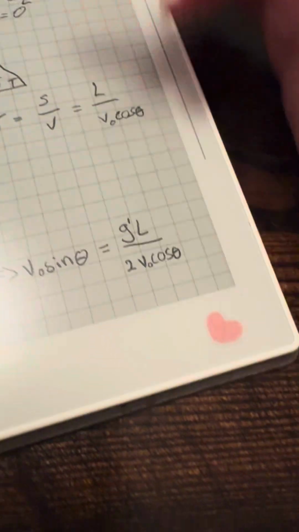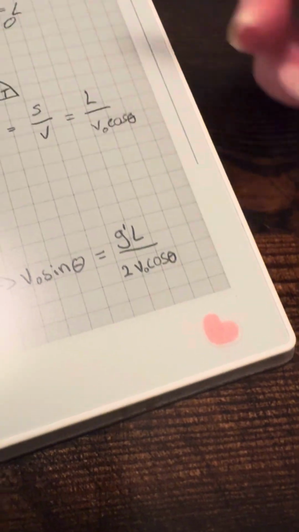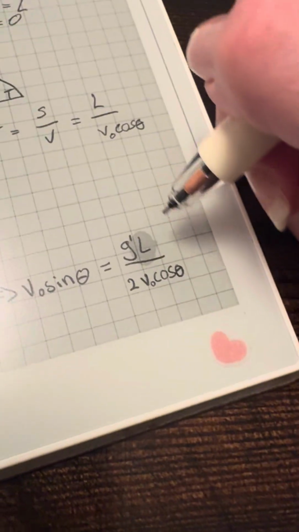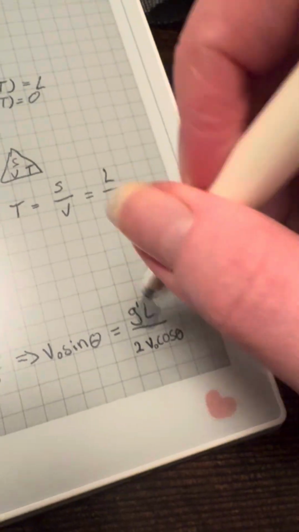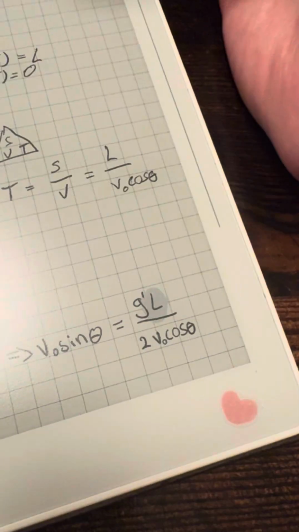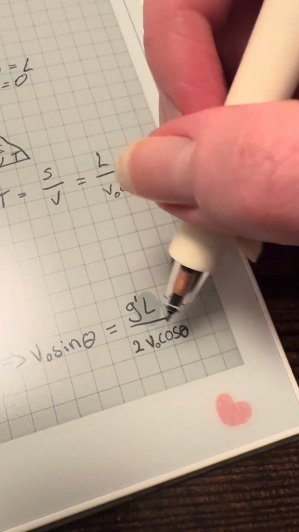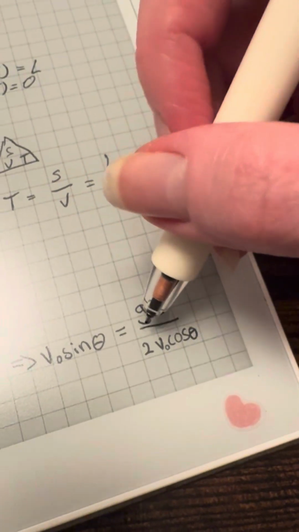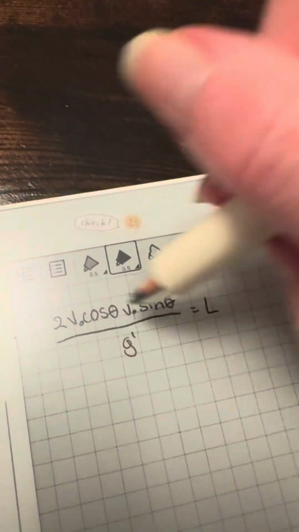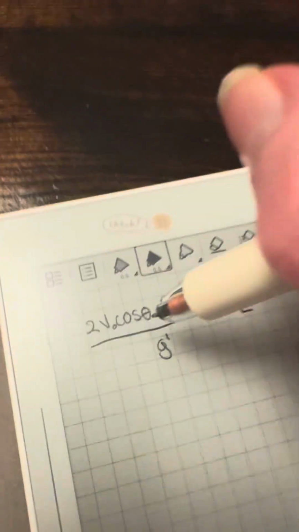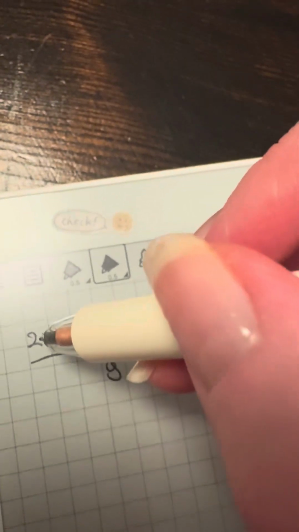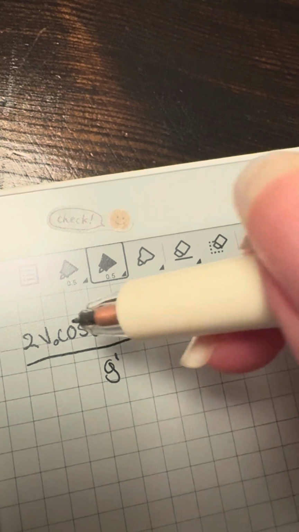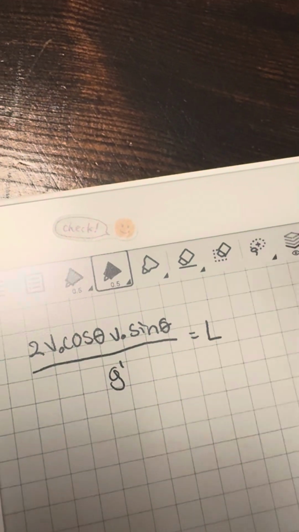cos theta. And now we remember that we're looking for L, because it's a loser. I'm tired. So we will want to isolate it now. So what we're gonna do is we multiply by this and divide by this, right? And we get to this point. We know that there is a trigonometric identity that says that 2 sin theta cos theta is equal to sin 2 theta.